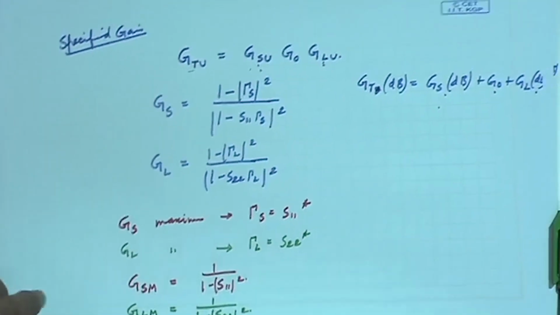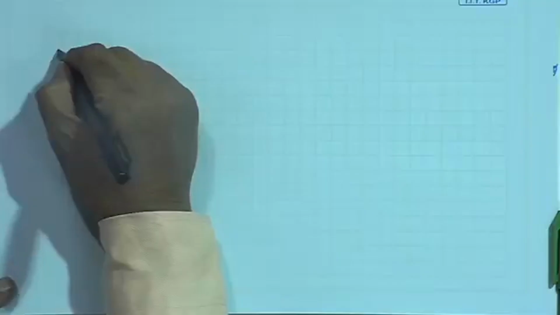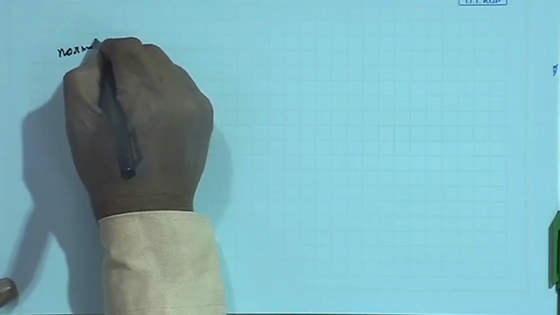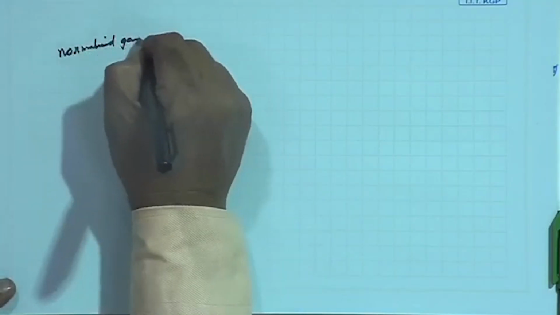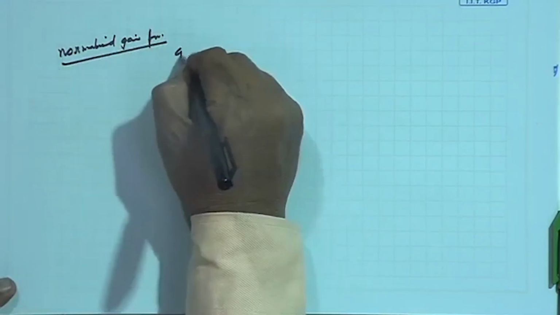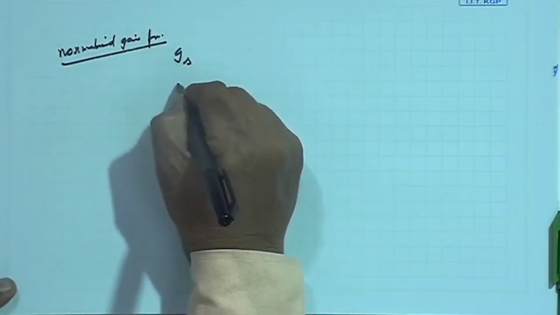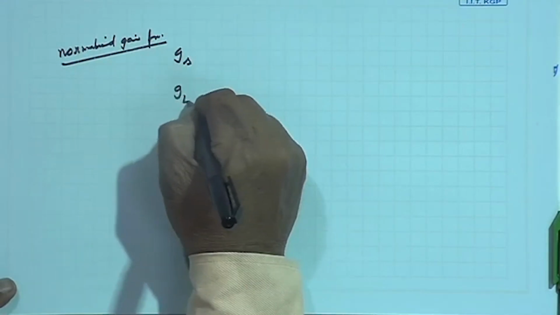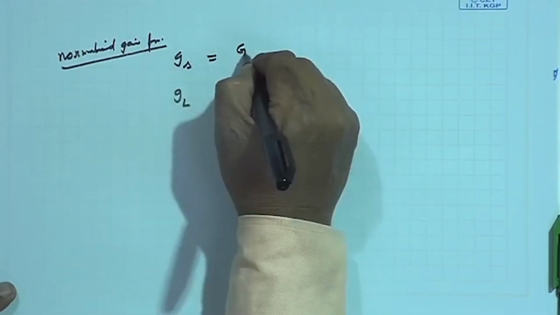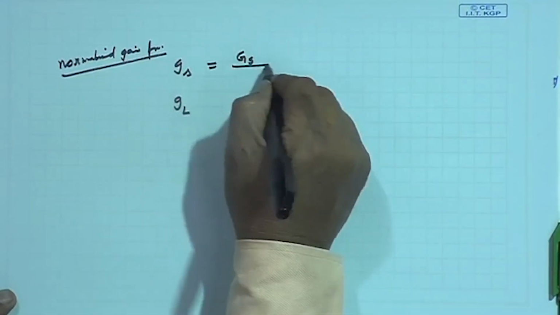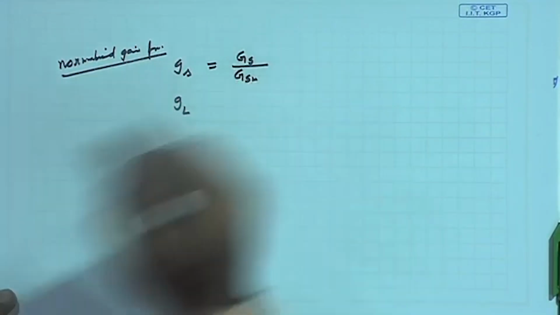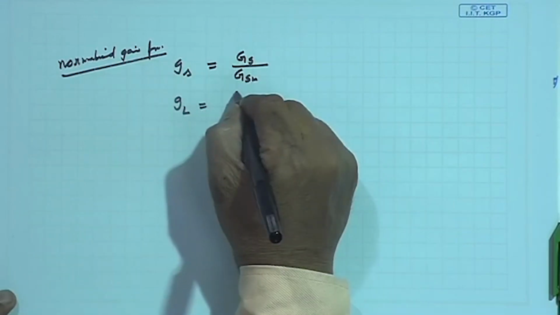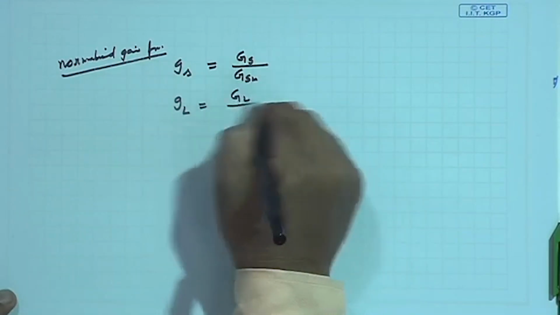Now, to facilitate the design, we define a normalized gain function. I have two such gain functions, small gs and small gl. What is gs? It is GS divided by the maximum that I can get, GSM. Similarly, gl is GL by GLM.